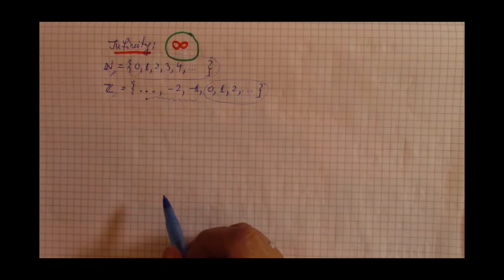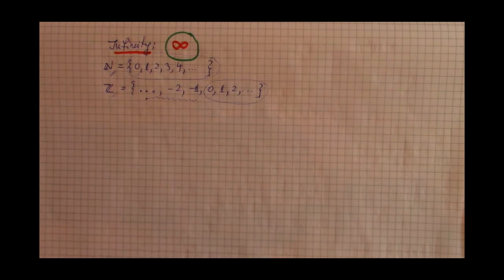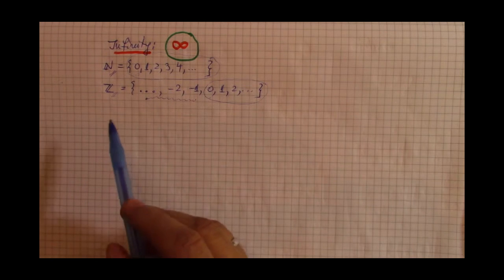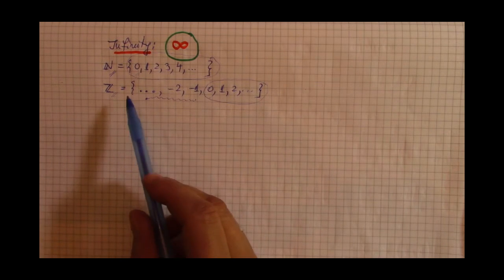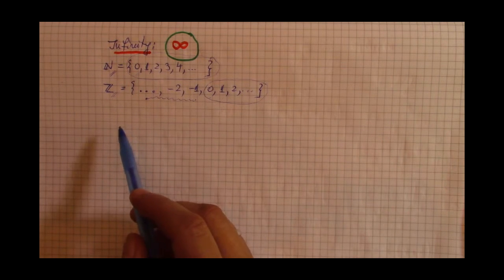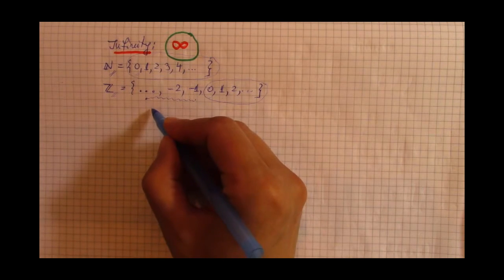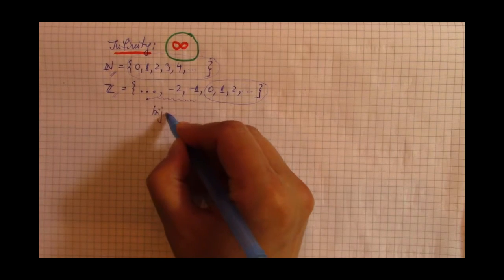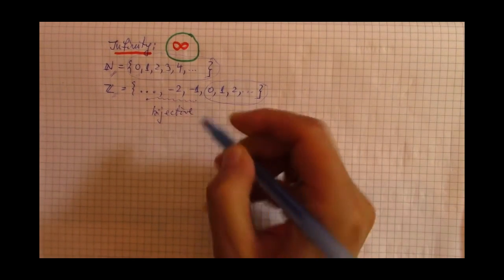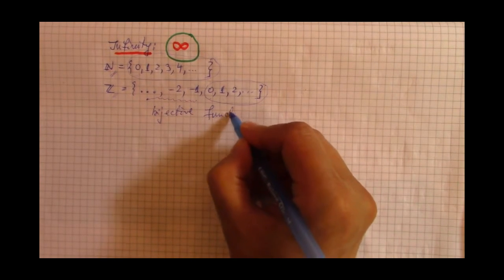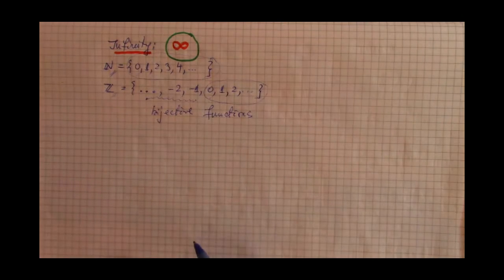Well, what does large mean? Actually, in math, in order to deal with this idea of smaller or larger when it comes to sets, the notion of bijective functions is very, very important.